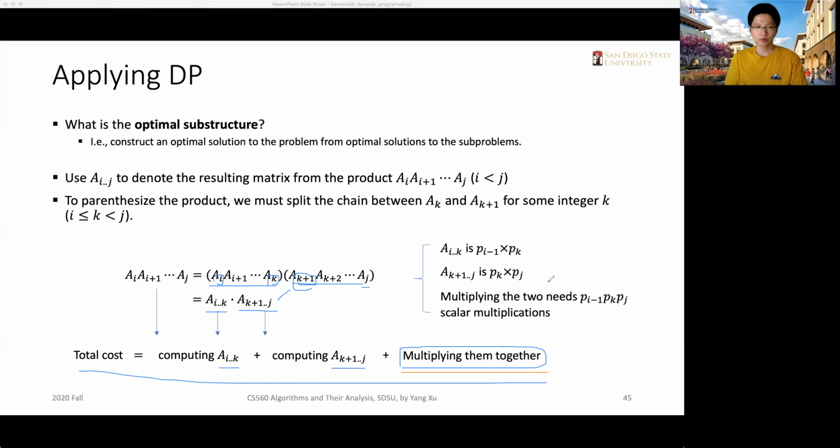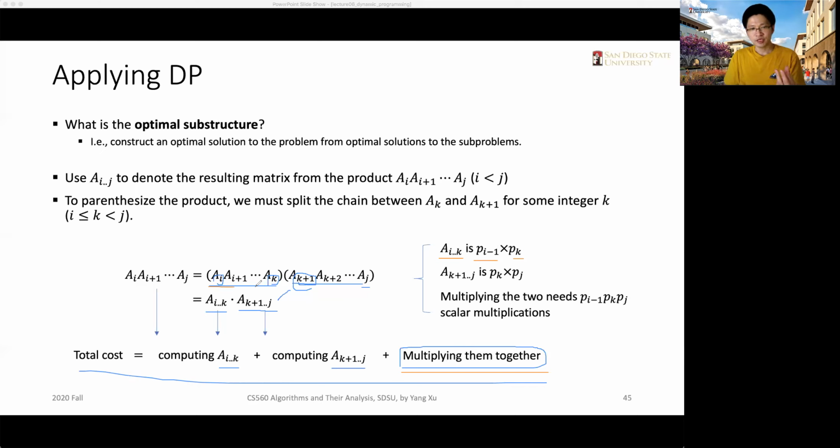Because the result of the left chain from Ai to Ak has the dimension of p_{i-1} times p_k. This is what we can obtain by looking at the leftmost matrix and the rightmost matrix.